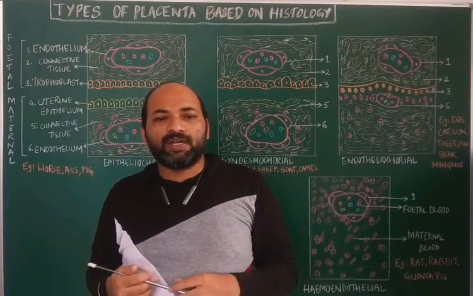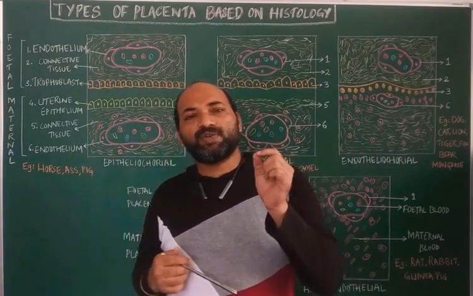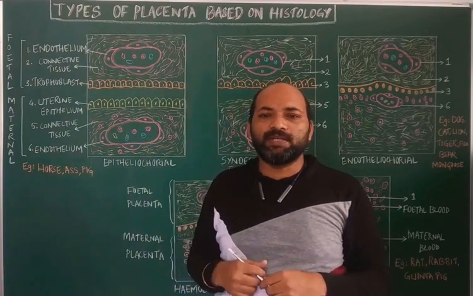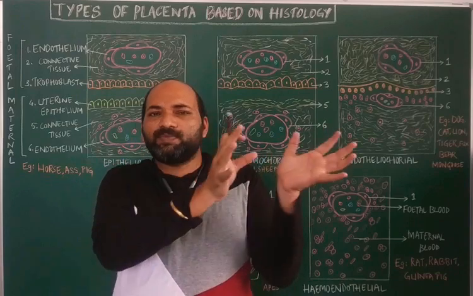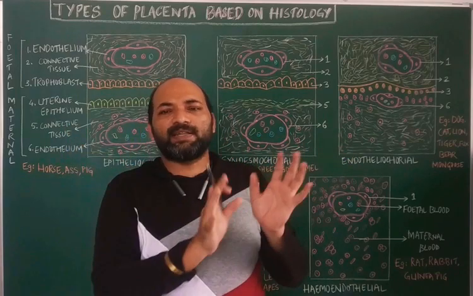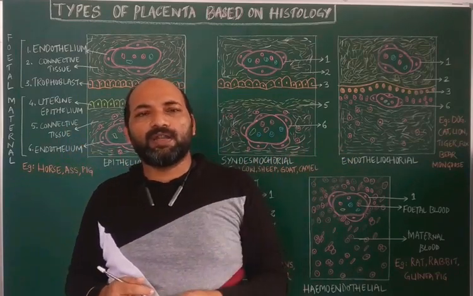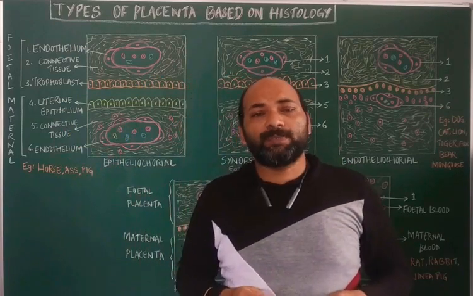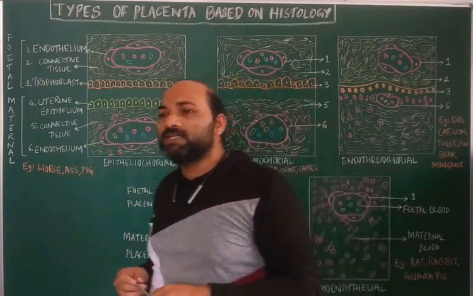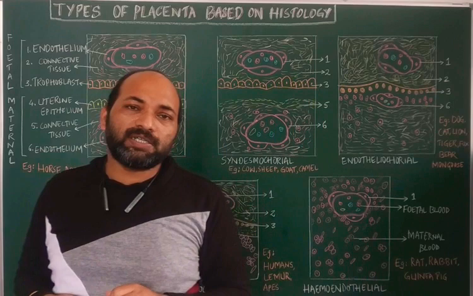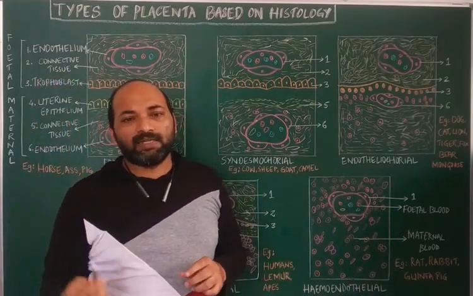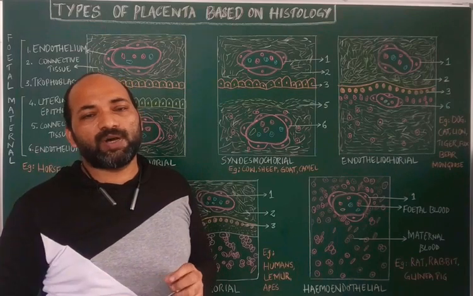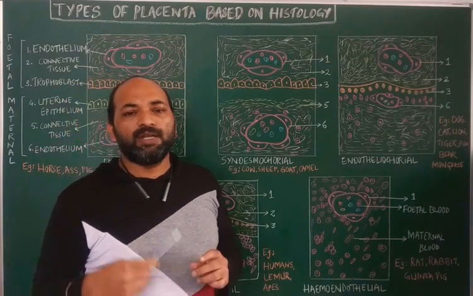That is what we call deciduate. But in non-deciduate, no part of the uterine placenta is shed off, so it remains inside the body. That is commonly seen in the horse, ass, and zebra.